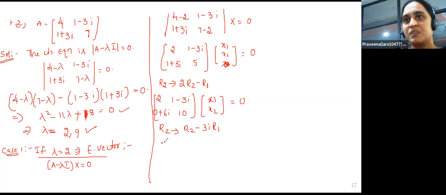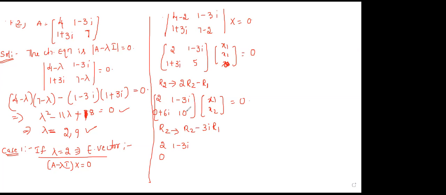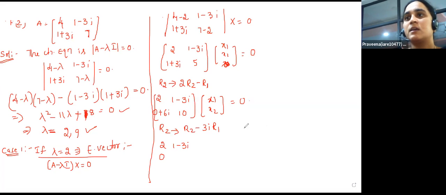Okay, so 2, 1 minus 3i, R2, 6i minus 6i. This is 0, right? And next, 10 minus 3i. There is not 10, it's 9 plus 3i.